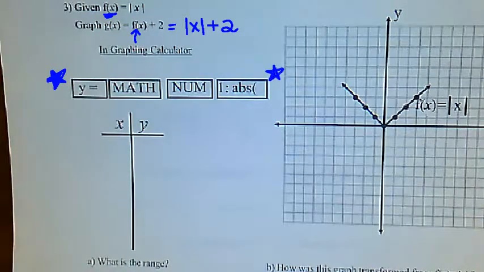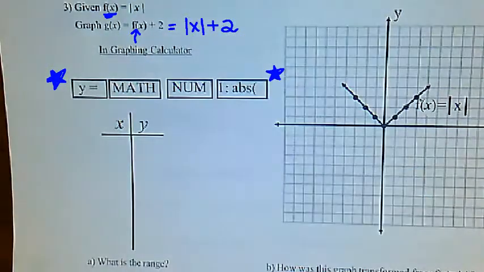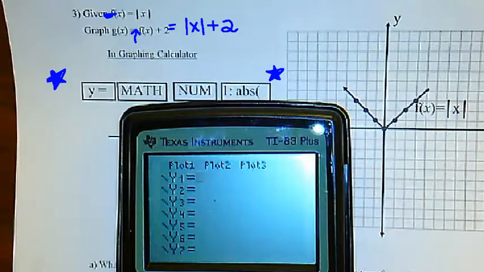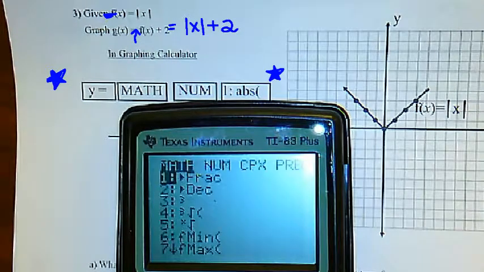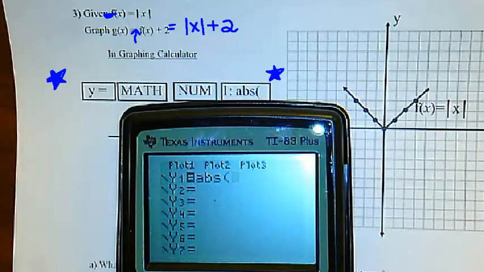This is a nice little thing to reflect back on, okay? So you're going to, again, put this in your calculator. I guess I should erase that first. Or I'll just only do it right here. There we go. Okay, so just do what it says. So it wants us to hit the math button, go over the number, and then hit absolute value, just like we did before. Throw your x in there, end your parenthesis, and then add your 2.